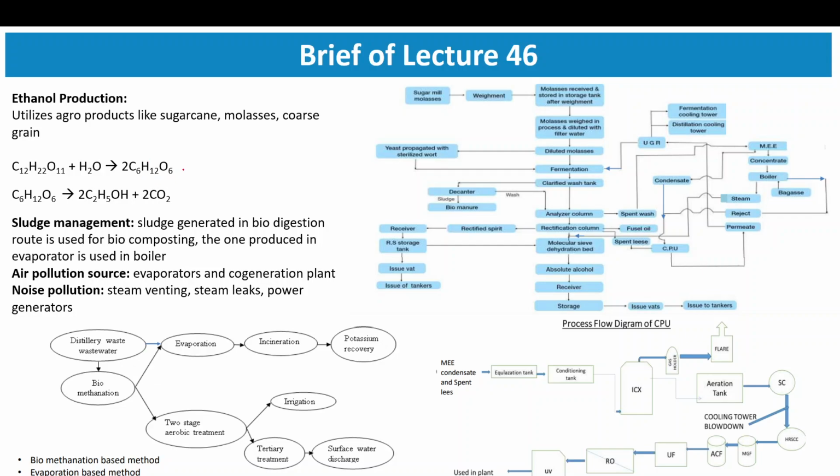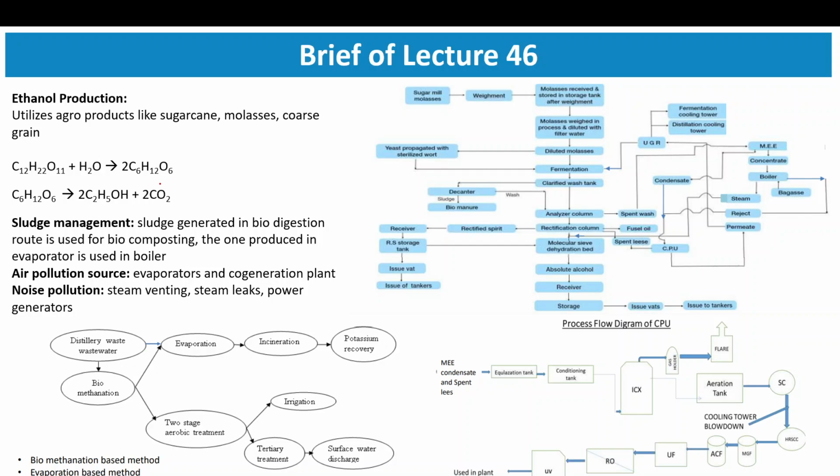Okay, so now this glucose and fructose further get fermented in the presence of yeast to ethanol and carbon dioxide. Yeah, so this is the basic reaction that occurs in the production of ethanol in the reactor.